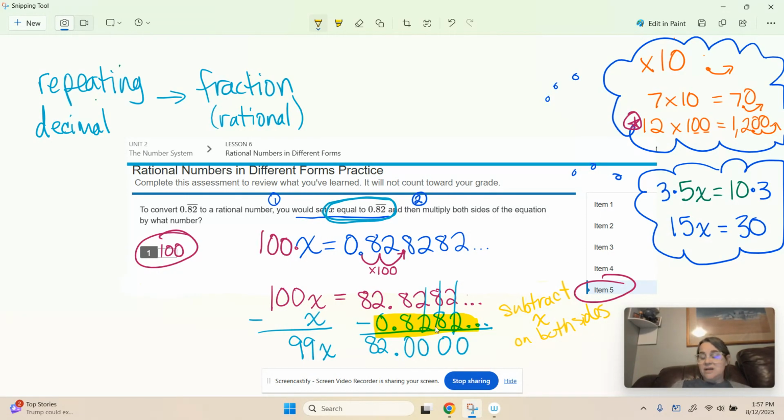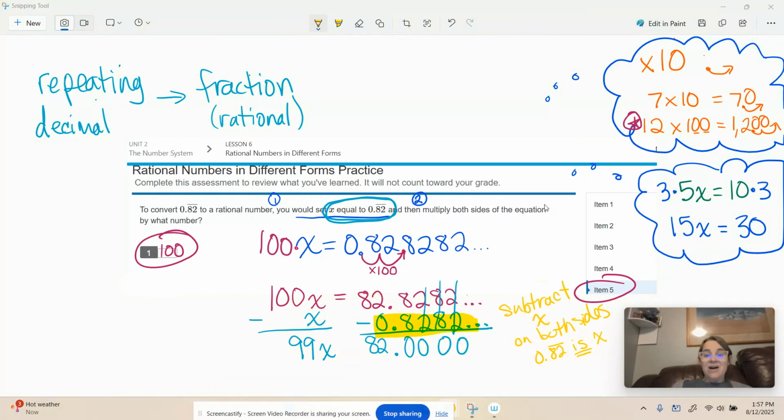On one side it looks like an x, on the other side it looks like 0.82 repeating. And just remember 0.82 repeating is x. So I'm still subtracting x on both sides, even though it doesn't look like I am.